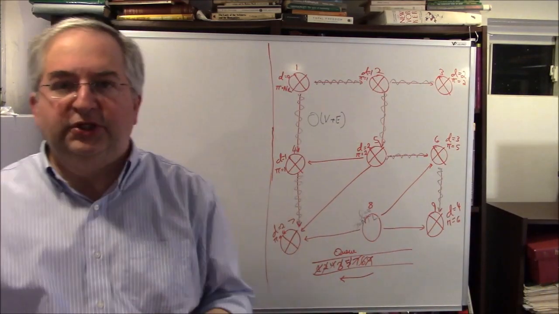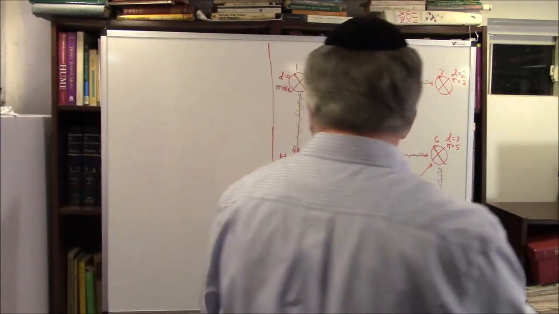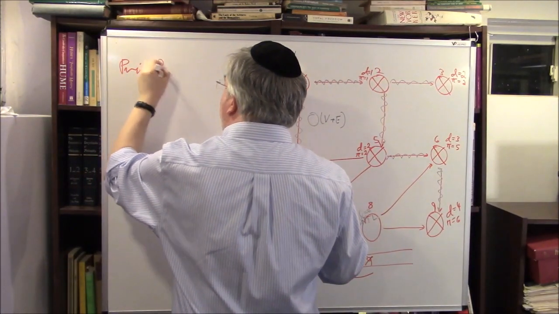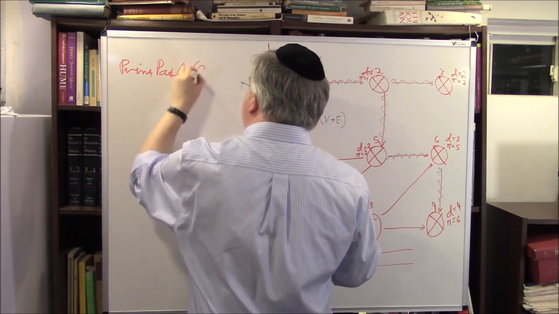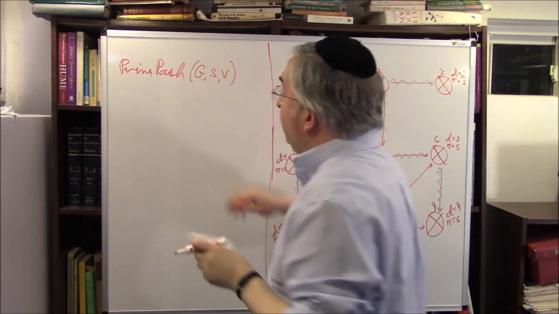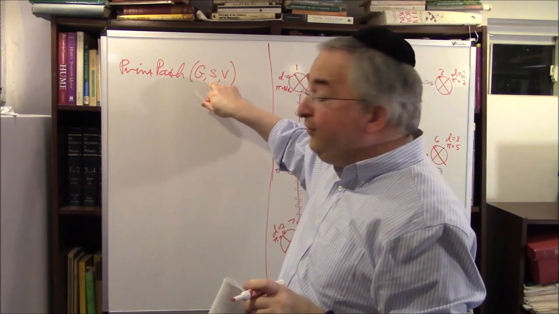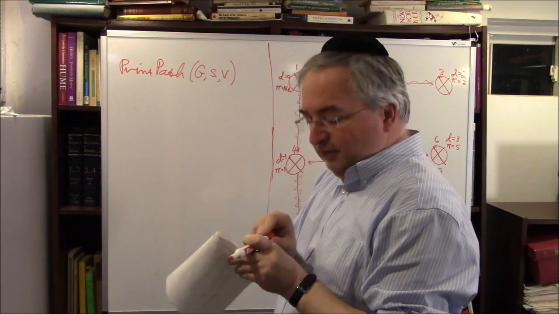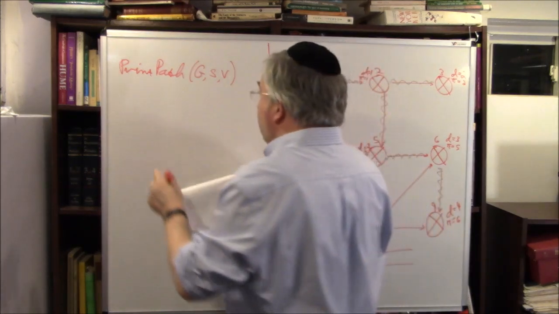And again, this is page 601, so it goes as follows. Print path G, the graph, S, V. Print the path from the starting point to V. It's a clever little algorithm, and I like to go through it.